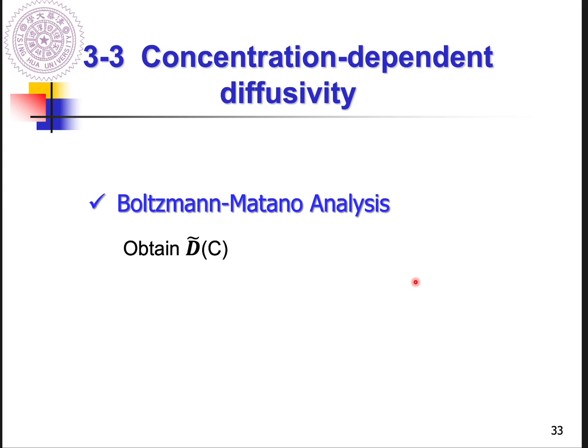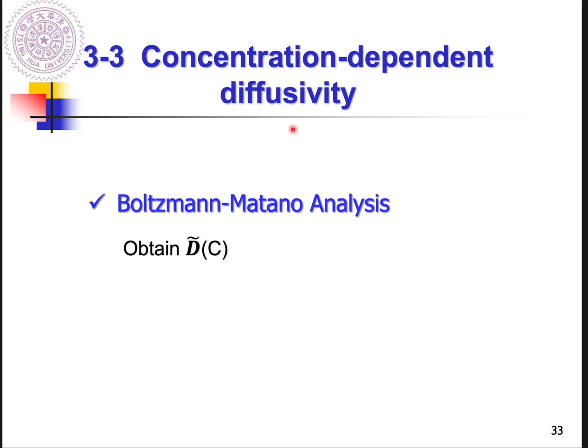So let's move to the third section, concentration-dependent diffusivity. In previous cases, when we talked about the diffusion process in solid materials, we used Fick's second law. We made a very important assumption that the diffusivity equals a constant.